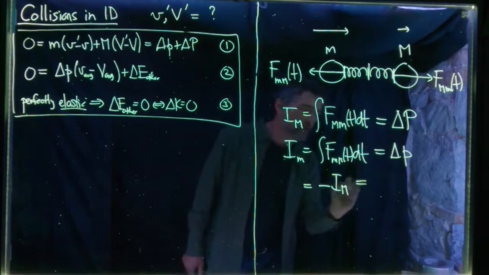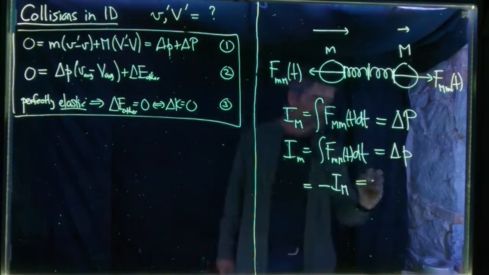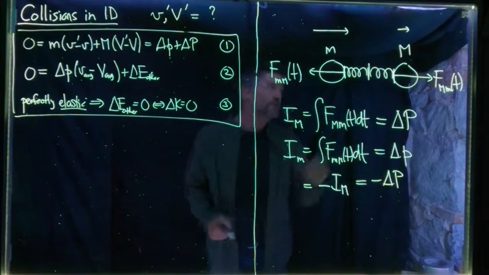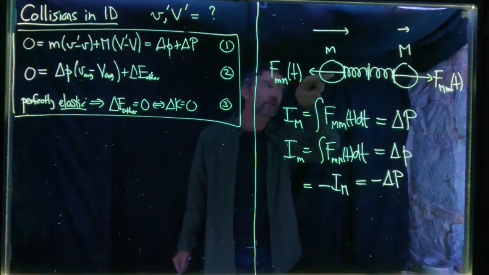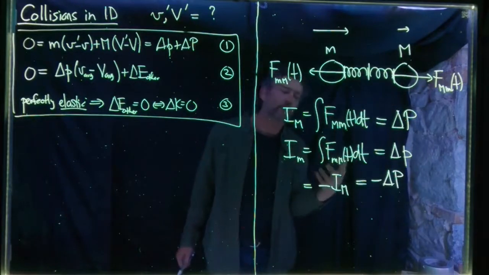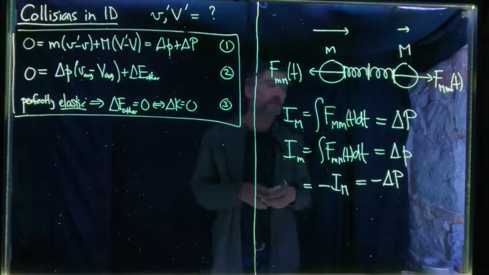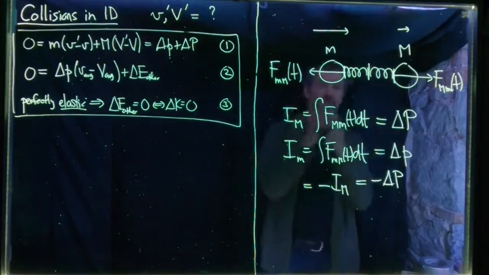And this negative I big M is negative delta P. Whatever momentum is transferred to big M, suppose it's to the right here, there's an equal and opposite momentum transferred to little m. If this momentum increases, this momentum decreases by exactly the same amount, so that the total momentum in the system is conserved. Now this is completely general, and this is always true here, regardless of the nature of these springs.